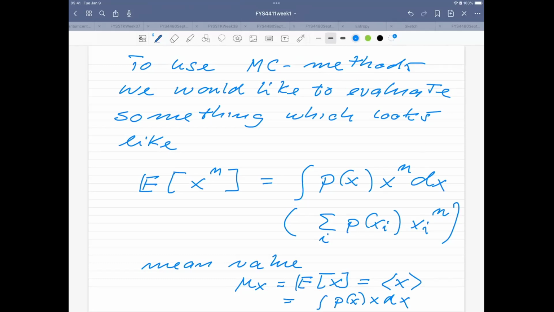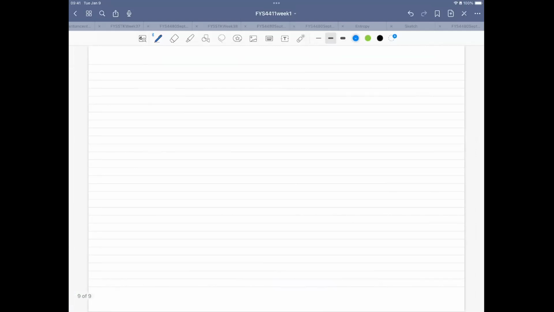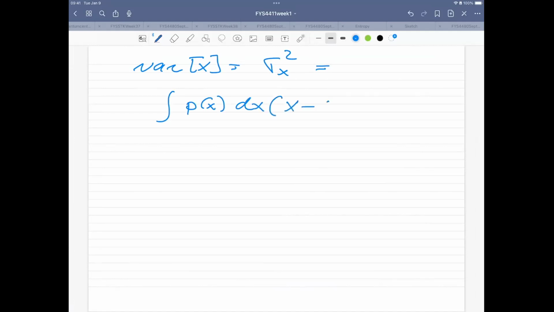The variance is just the expectation value of x squared minus the mean value squared. So the variance of x, which we often also write as sigma_x squared, is nothing but the integral over P of x dx times (x minus the mean value) squared. And we know that this is something which we can write as the expectation value of x squared minus mu_x squared.